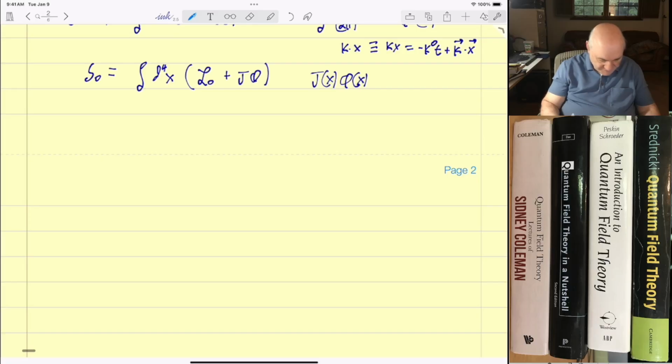Now, I'll work out one term, which is one more term than Czernicki works out. I'm going to work out the minus 1/2 partial_mu phi partial^mu phi term, which is the more difficult term anyway.